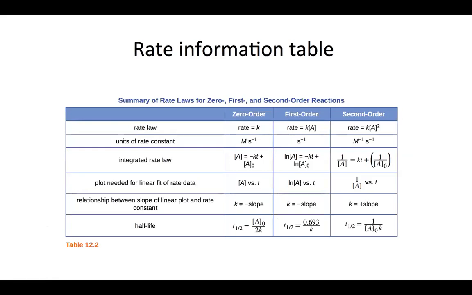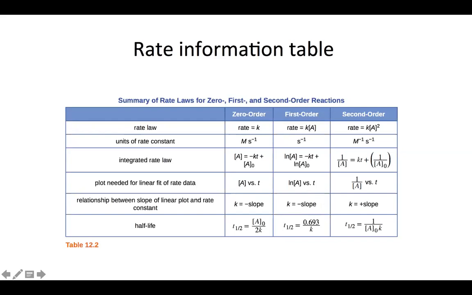Now, this table is extremely important, and I highly recommend every student have it in front of them for the exam. You are given lots of these equations on your equation sheet, but they're not labeled.